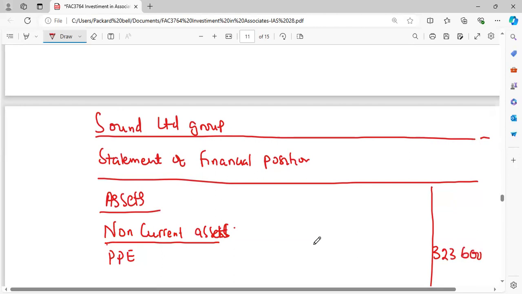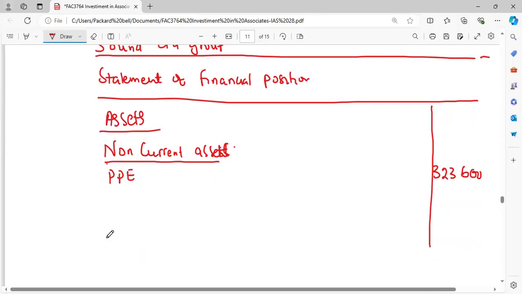Then you should also look at investment in associate.